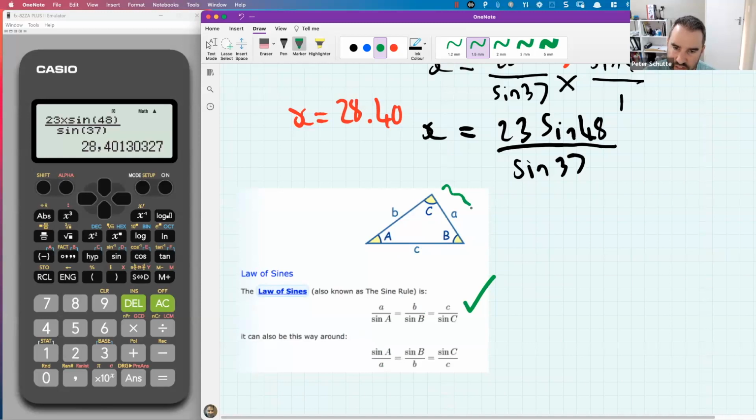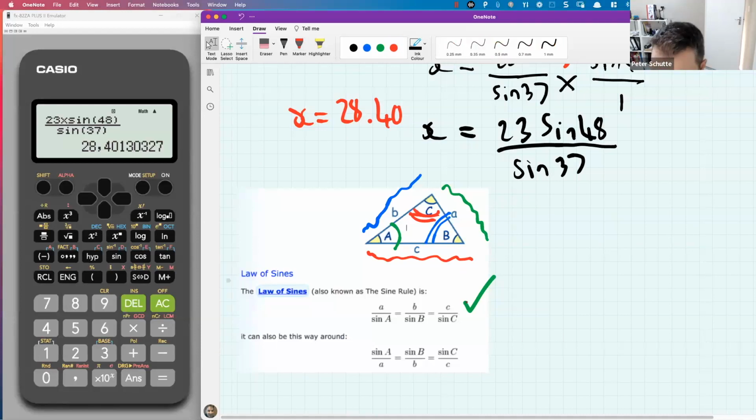I write this side divided by the sine of that angle. And then I can say this side b divided by the sine of that angle there. So the sine rule is basically choose a side divided by the sine of the angle opposite, and that's equal to another side divided by the sine of the angle opposite. And I could even say c divided by the sine of C would also be equal.